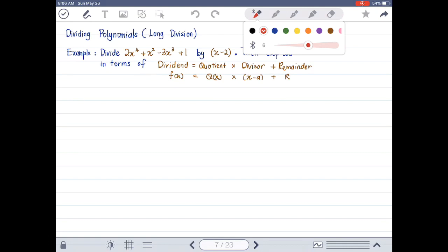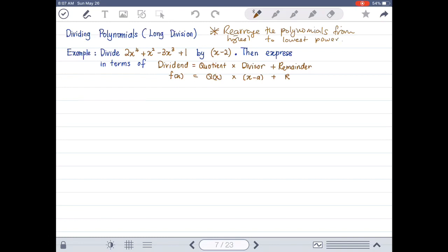Before we start with the long division process, the first thing we need to do is rearrange the polynomial from the terms with the highest power to the lowest power.